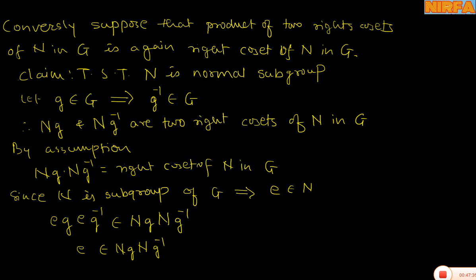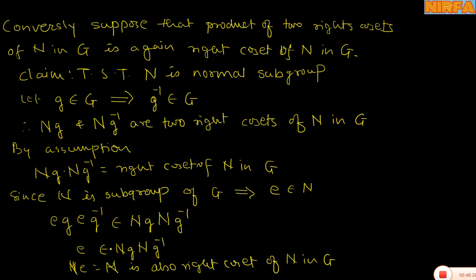The next step is how we want to show that two right cosets, this is also a right coset containing E, and one more coset, that N itself is also containing E. So we know that NE equal to N is also a right coset of N in G containing element E. So this right coset containing E as well as this right coset also containing E.